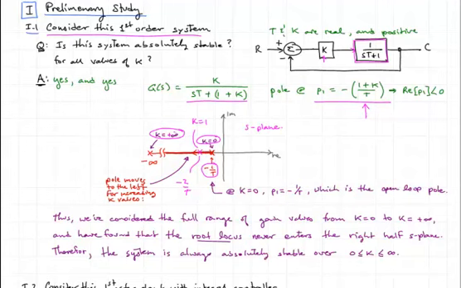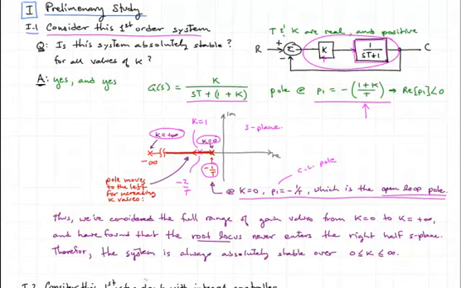Okay. So notice, first off, something that will always be the case: at K equal to 0, the pole of our closed loop system is equal to the open loop pole. That's an important fact that you're going to want to remember. So the open loop pole is when you look at this term here, which we'll call G, just K over sT plus 1.